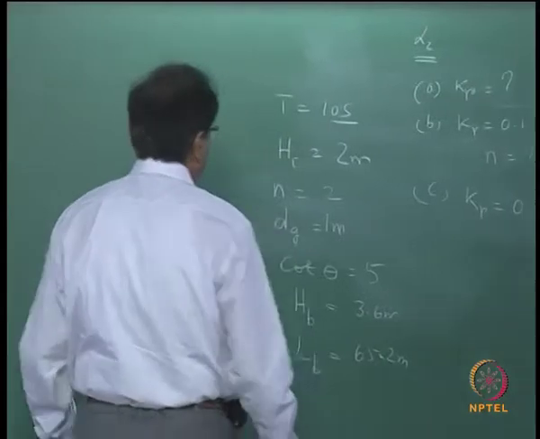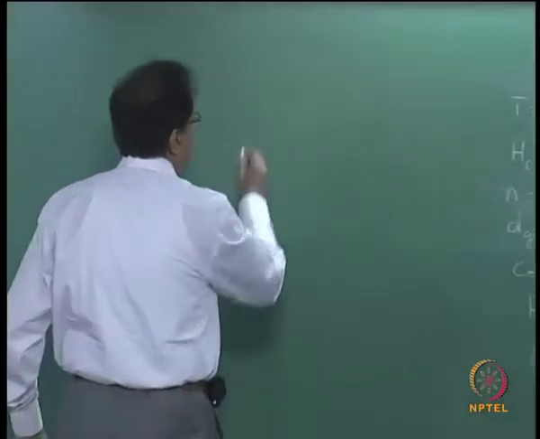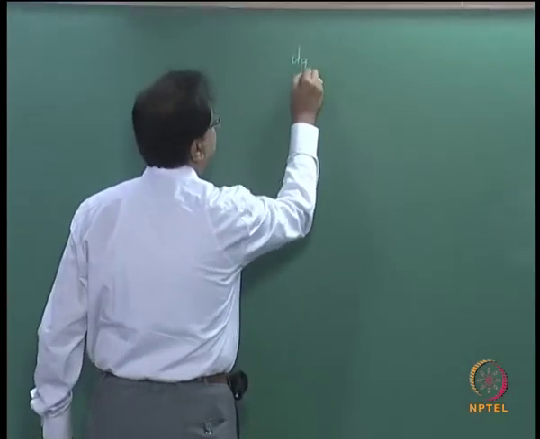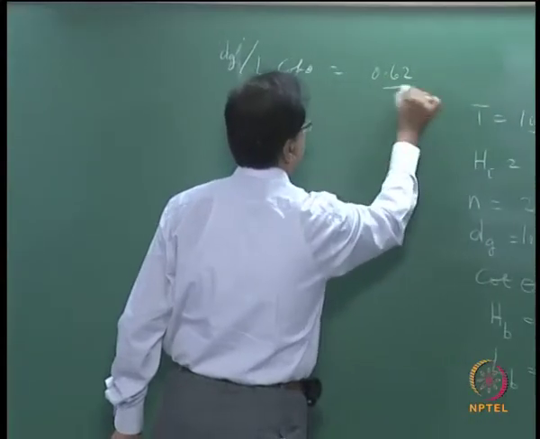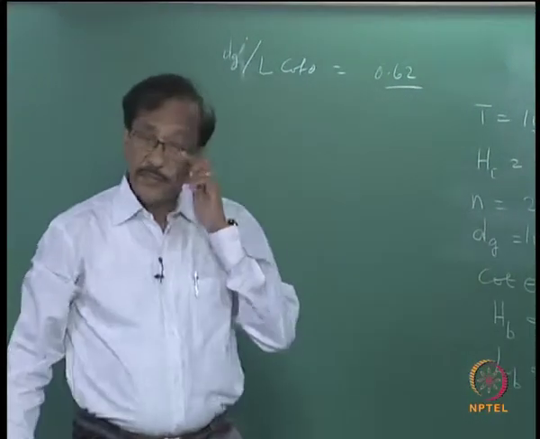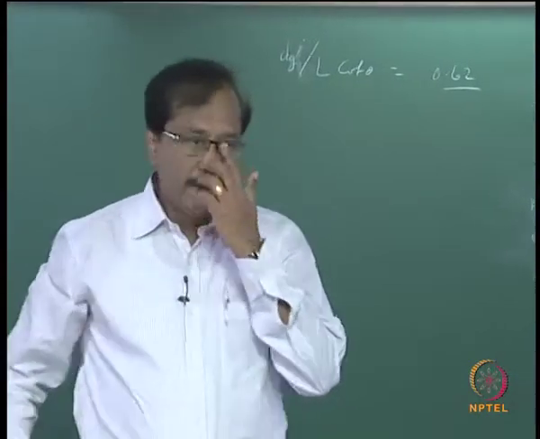So what we need to find out is this parameter dg by L into cot theta. This will be around 0.62 for this problem.